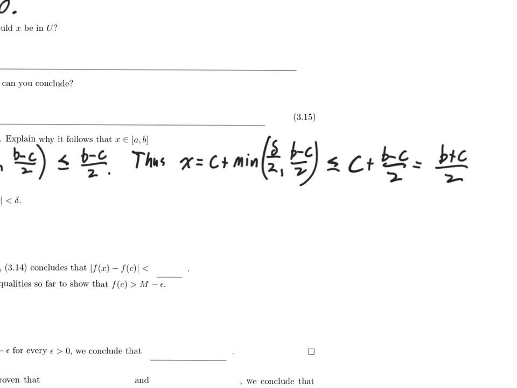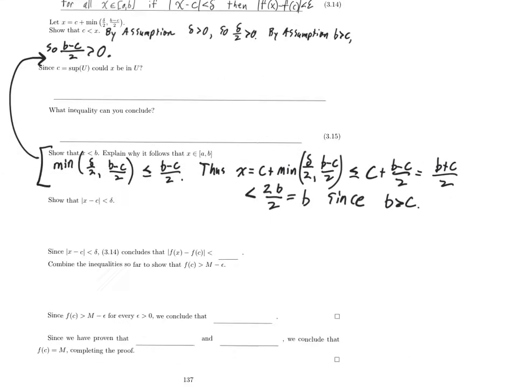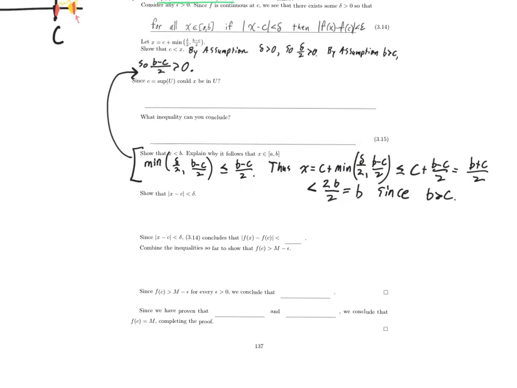Well, wait, so that is now less than 2b over 2, which is equal to b, since b is greater than c. Oh, neat. So this x value is actually less than b.